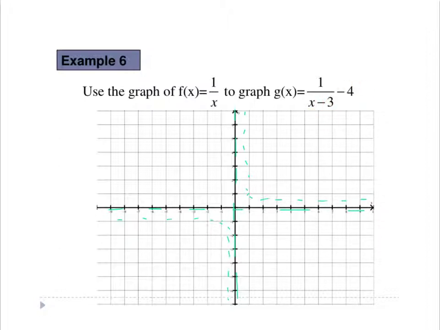To the right 3 is going to affect our vertical asymptote. So now it's at x equals 3. And down 4 is going to affect our horizontal asymptote. So I'm going to go down 4 units. And the point that was at 1, 1, I'm also going to move it right 3 and down 4. That's going to be right here. And my other one's going to be right here. And then I just create my curves.